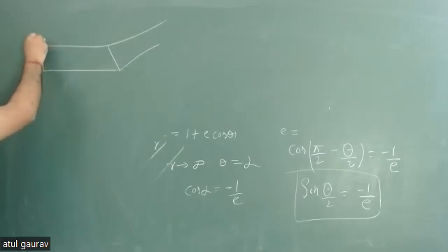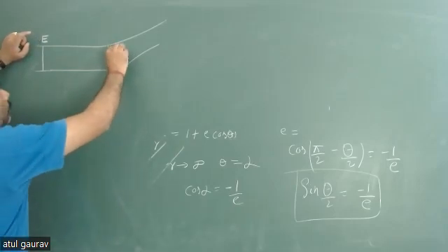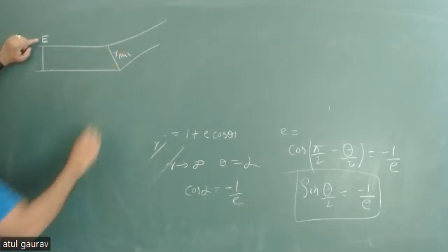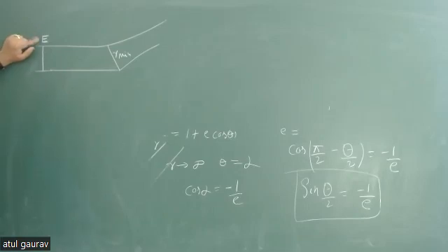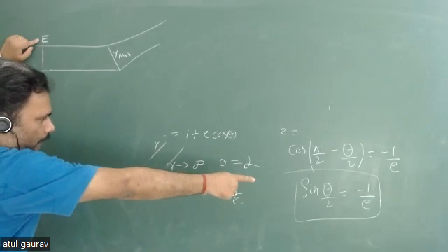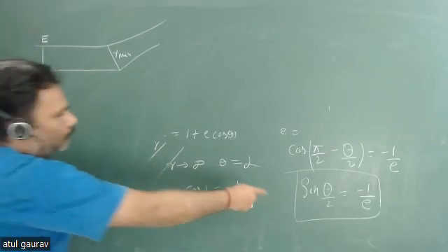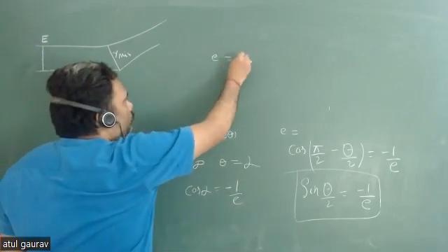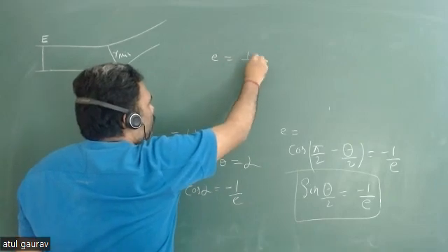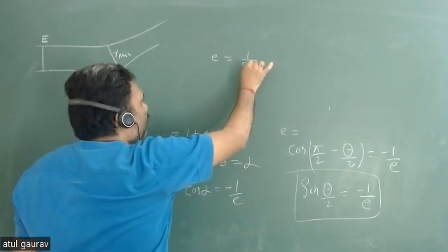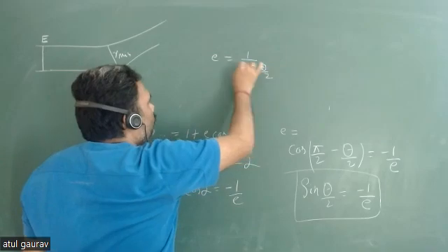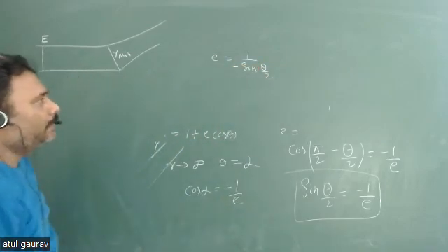At this particular point, I have energy E. Are you people happy? And this is your R minimum. Okay. At this particular point, my energy is E. Okay. And I can write from here, this E is equal to 1 upon sine theta by 2 with the negative sign. लिख सकते हैं ना?